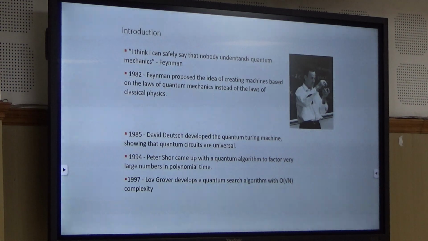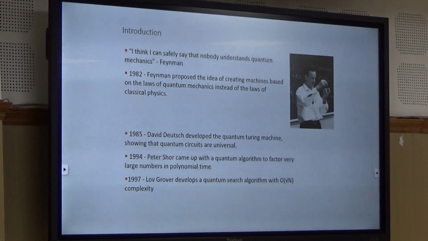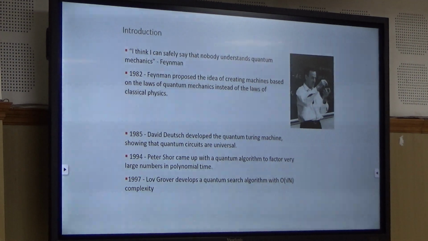Then in 1994, Peter Shor developed the quantum algorithm, known as Shor's algorithm. And in 1997, Lov Grover developed a quantum search algorithm with O of root n complexity. These are the integrated parts of any quantum computing machine, where we are going to use the same logic to understand the functioning of the quantum operator.